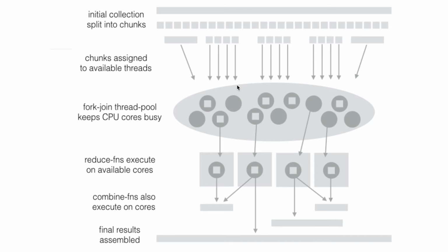The fork join framework will organize the tasks so they are assigned to the available threads, depending on how many cores you have; there are 4 cores, for example, on this computer. The tasks are then assigned to those threads and executed. When the tasks are finished, the combine function will combine the results back together into the final assembled result.